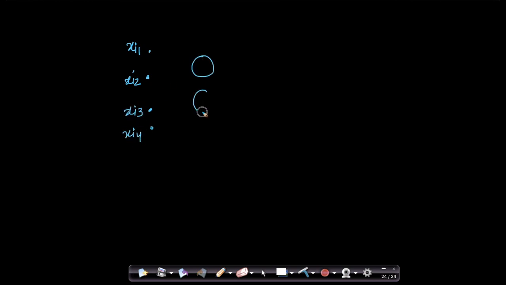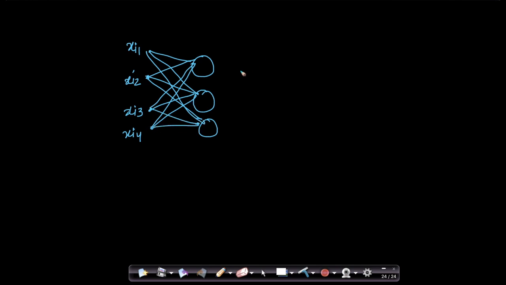What if instead of a single neuron, I have multiple neurons here? These inputs go here, similarly these inputs also go to the second neuron, and similarly each of these inputs also goes to my third neuron. And let's assume the outputs of these neurons are connected to other neurons.